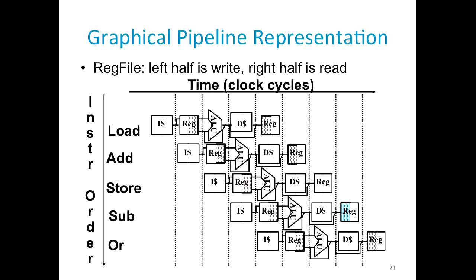Or even in the next add, if you're writing register 3 in the load and then trying to add using that value. Good catch. We'll get into that in a few slides. But yes, the problem is, what if this guy is loading into register 3, but this add wanted to read register 3? I'm writing it here, but I want to read it earlier than I possibly can. So we'll talk about how to handle that.